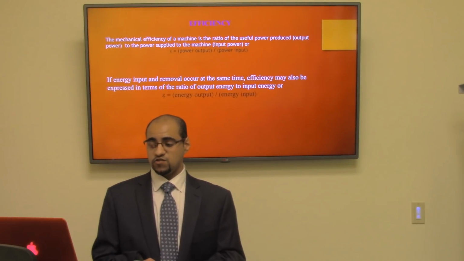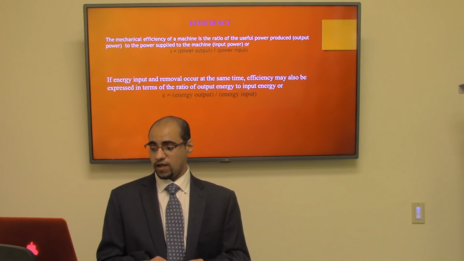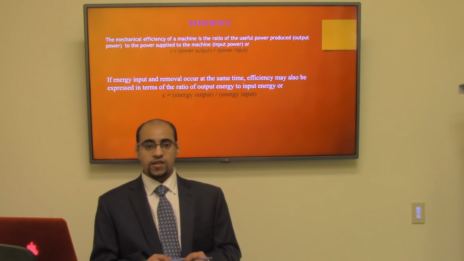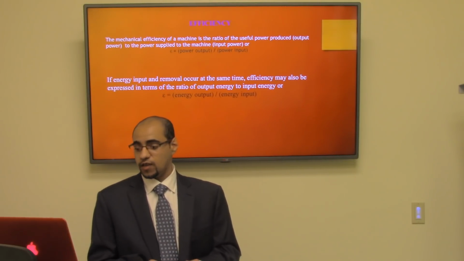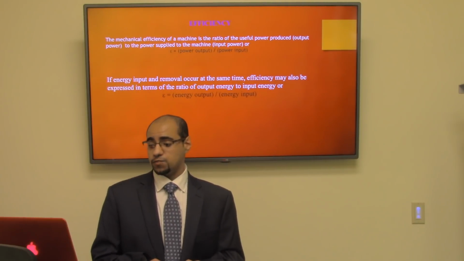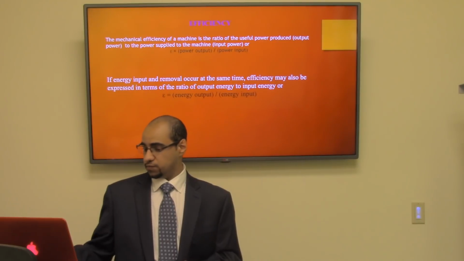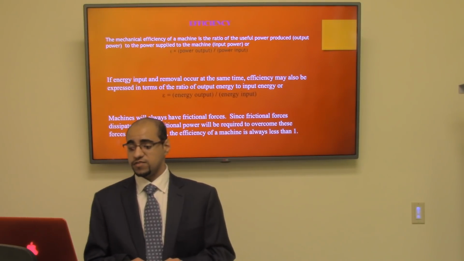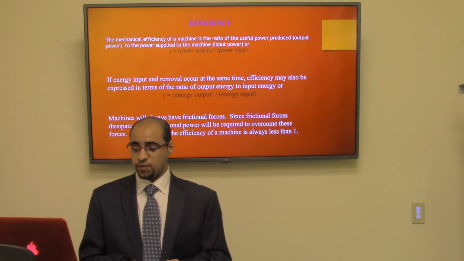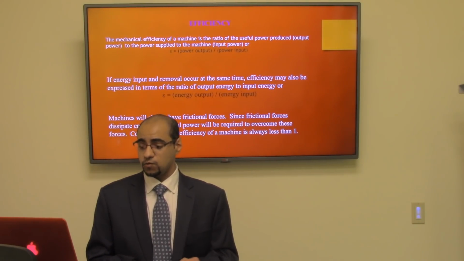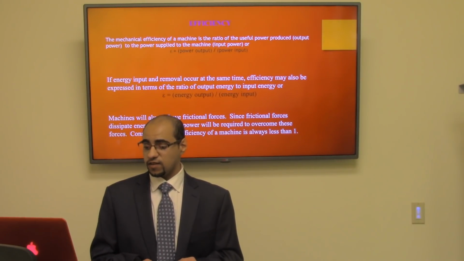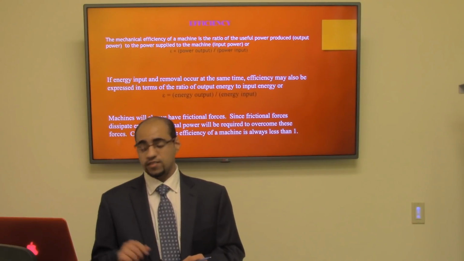If the energy input and removal occur at the same time, efficiency may also be expressed in terms of the ratio of output energy to input energy, which gives us efficiency equals energy output over energy input. Machines will always have frictional forces, since frictional forces dissipate energy. Additionally, power will be required to overcome these forces. Consequently, the efficiency of a machine is always less than 1.